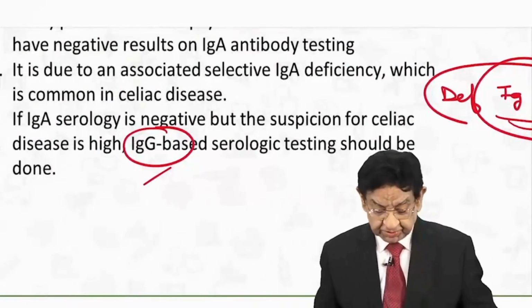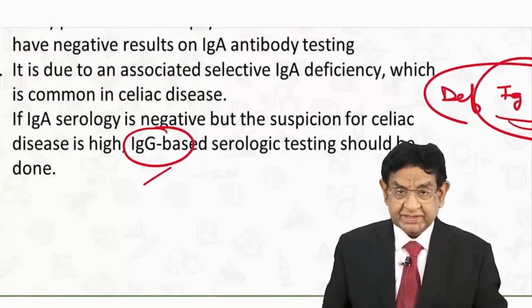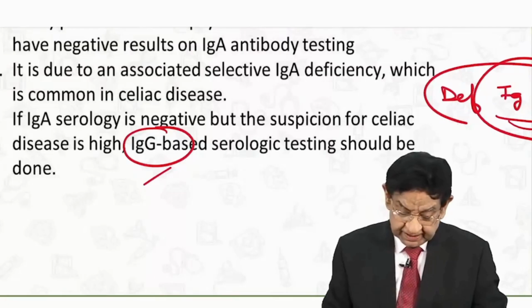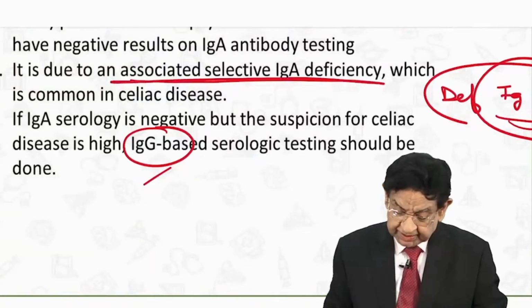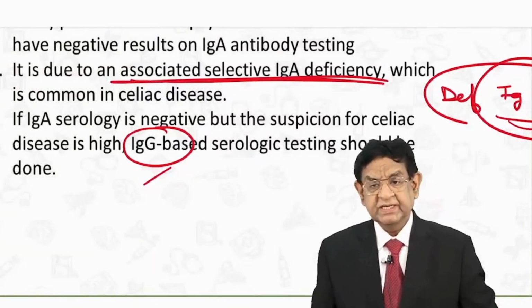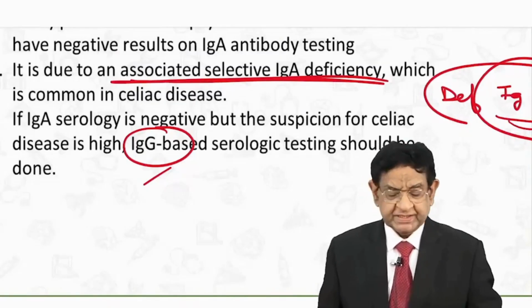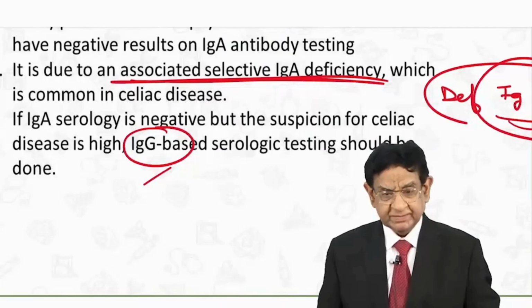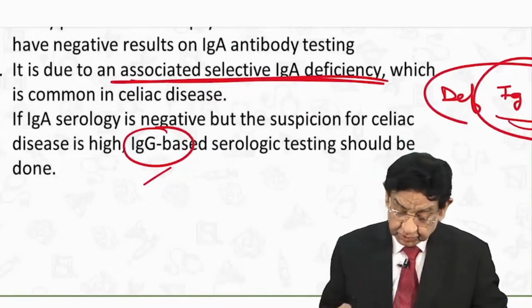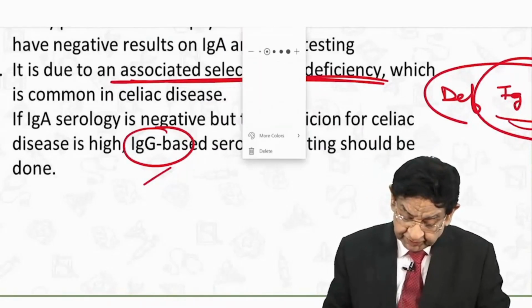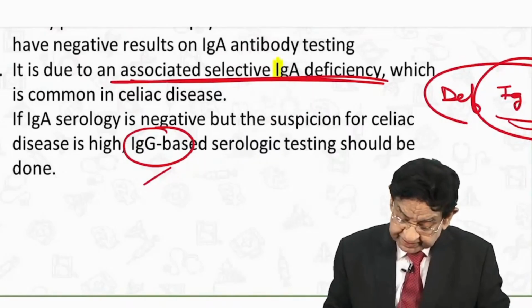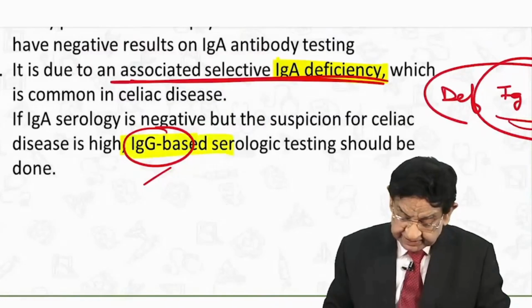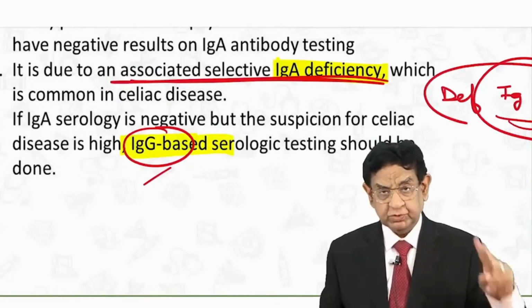So now you understood why I mentioned IgG and IgA, because in many patients of celiac disease, IgA deficiency is a feature, right? We are clear about it. So the two keywords: IgA deficiency, then you go for IgG based test. Two keywords.